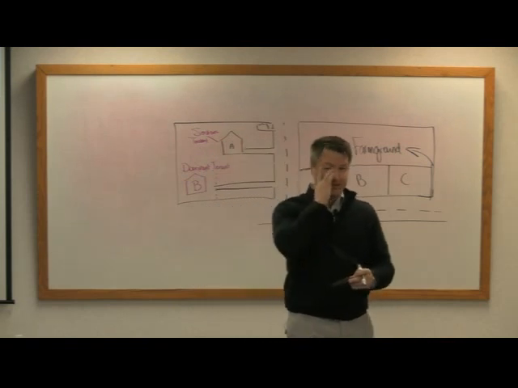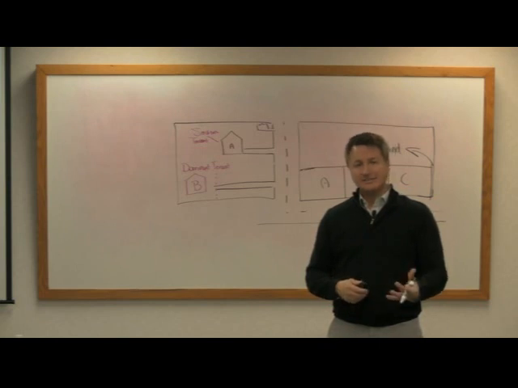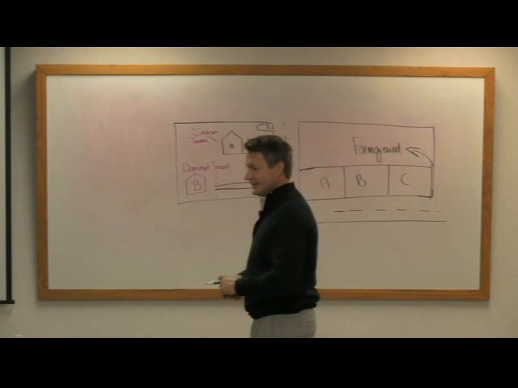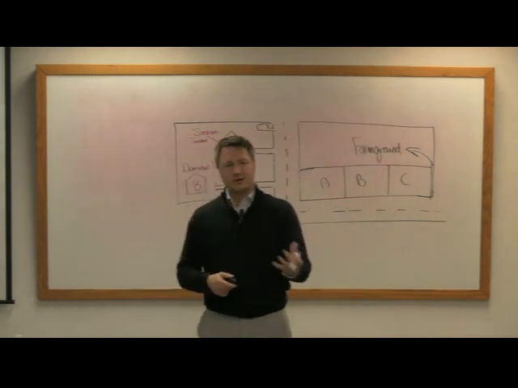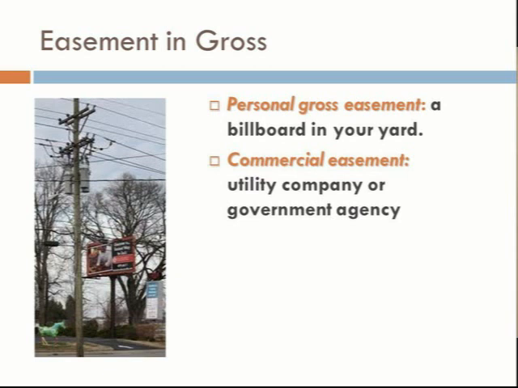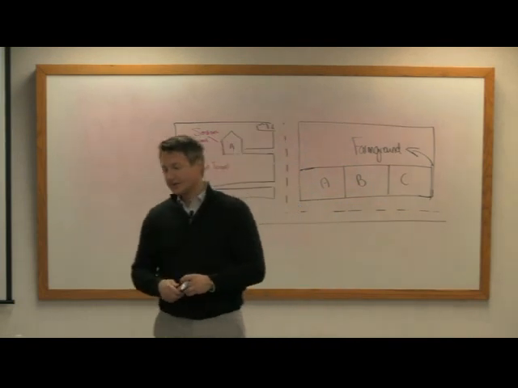You can see an easement in gross with the railroad, for instance, or gas lines that run through somebody's property. In an easement in gross, we have either a personal easement, which would be that billboard in the yard, and that terminates upon the death of the easement holder, or a commercial easement. A commercial easement would be that railroad or the gas line that's running.